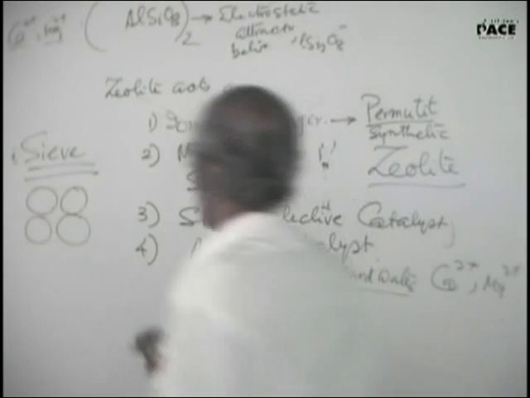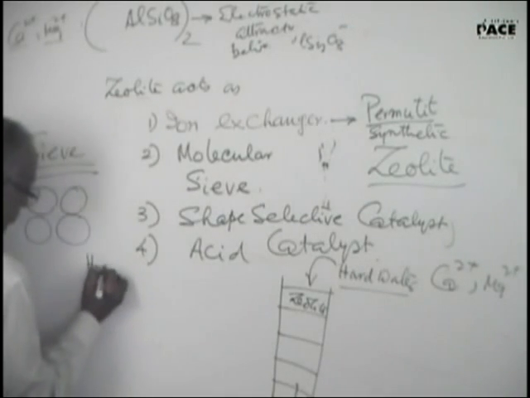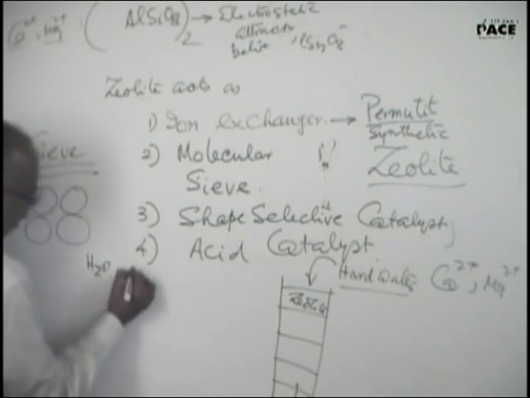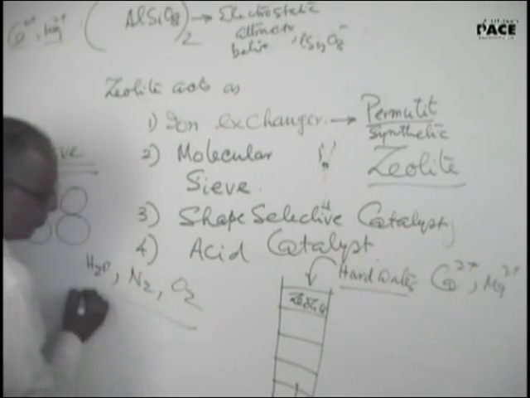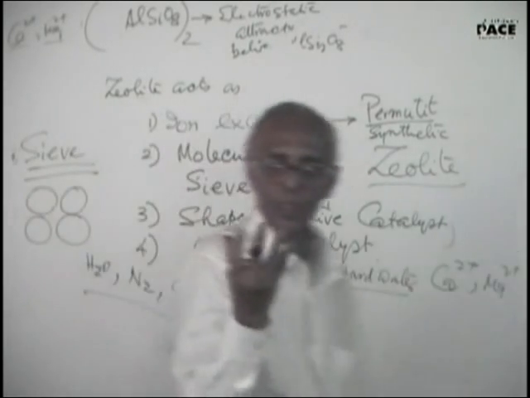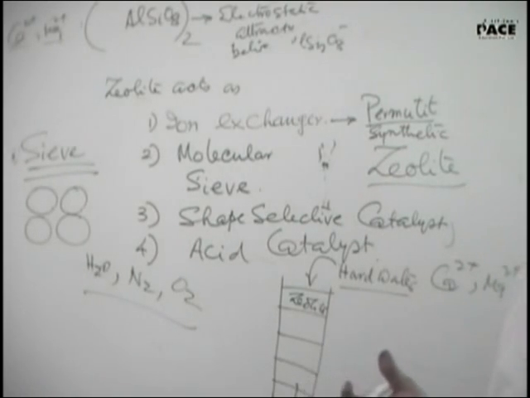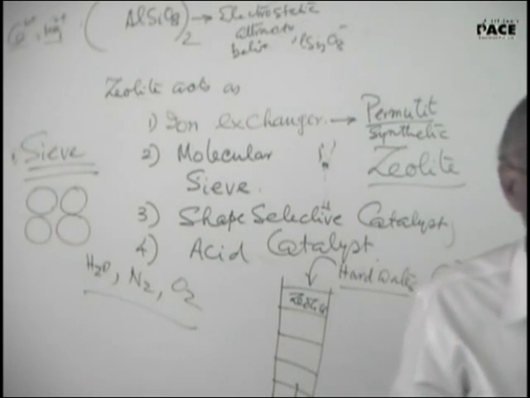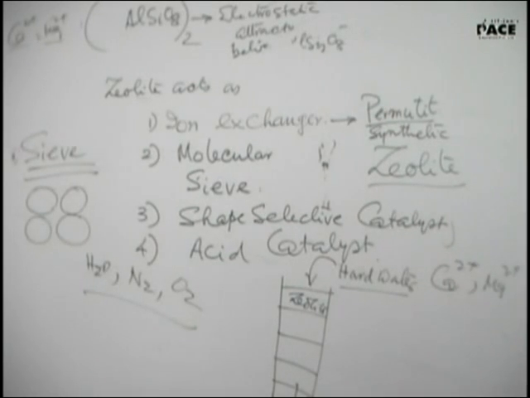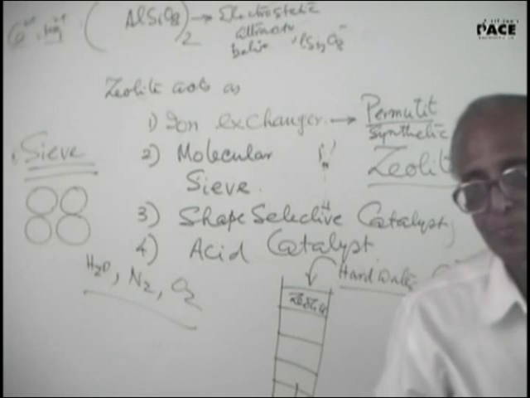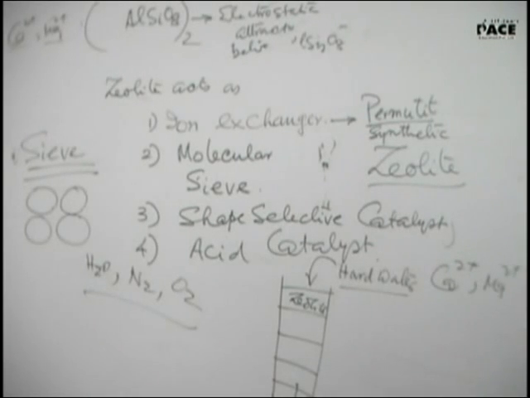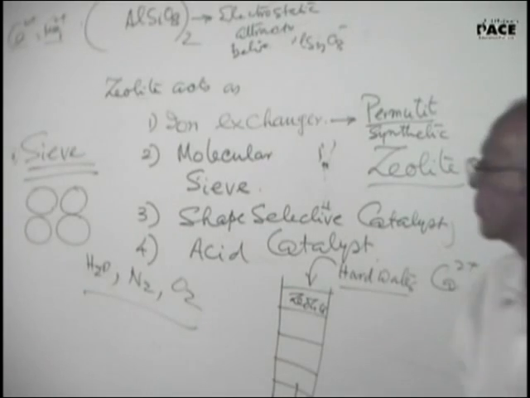So it can absorb water, nitrogen, oxygen, small molecules, leaving aside the large molecules. And that is how you can separate the small molecule from the large molecule. That is why it is called a molecular sieve, which separates the large molecule from the small molecule.